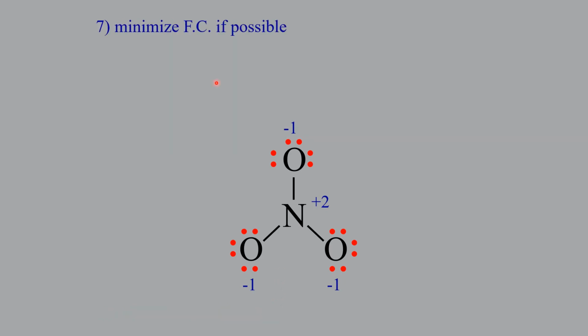Now, next step is to minimize the formal charge, if at all possible. And we do that, again, the same way. So we can take one of these unshared pairs and make it a shared pair. So let's recalculate those formal charges. So these won't change. The formal charge on the oxygen now is 0. So it's got 1, 2, 3, 4, 5, 6.